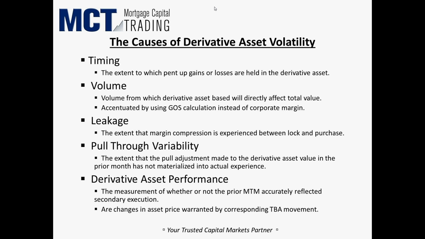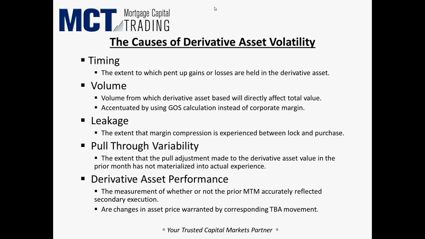Again, we won't talk too much about leakage. Leakage is the extent to which margin compression is experienced between lock and purchase. So during the lock, there are lock extensions that aren't being charged for, margin compression, and changes in the loan that just can't be charged for.